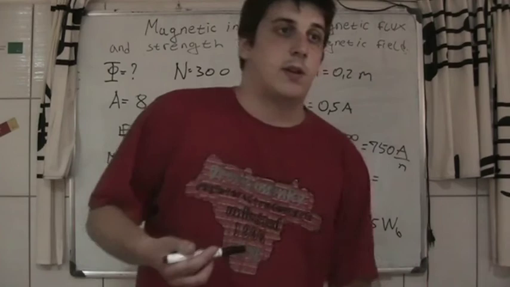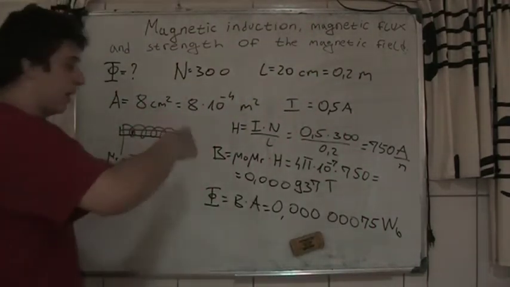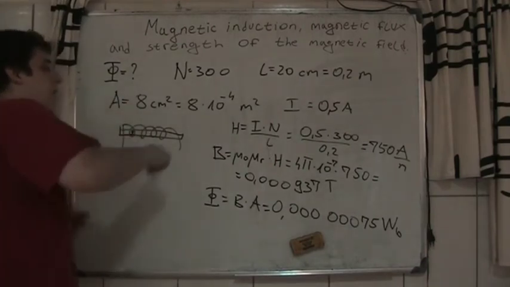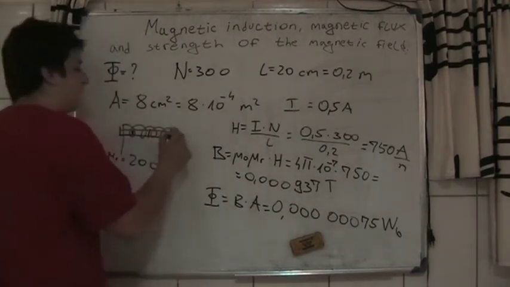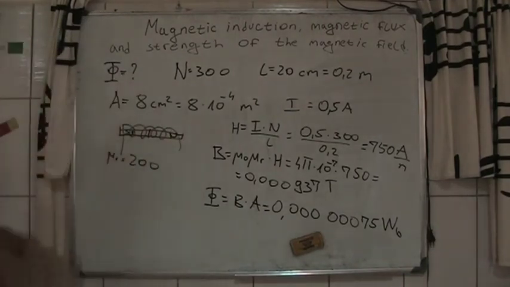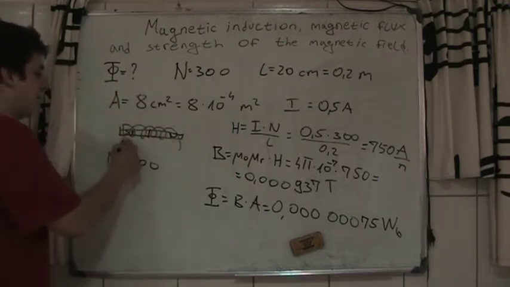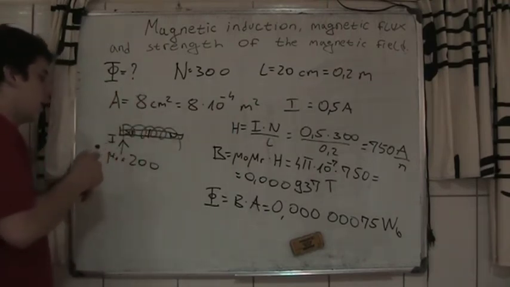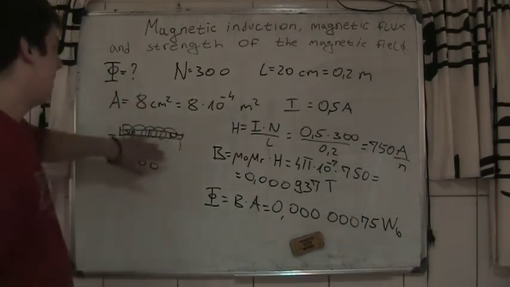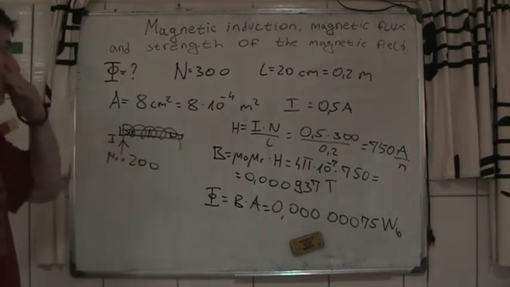If you put an iron here and you put a solenoid around it, then this becomes N and this becomes S. If current goes in this way, this is going to be the north pole of the magnet, and this the south pole.